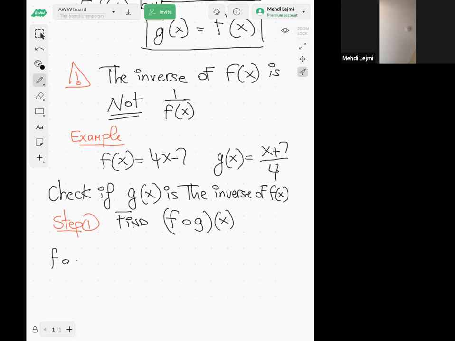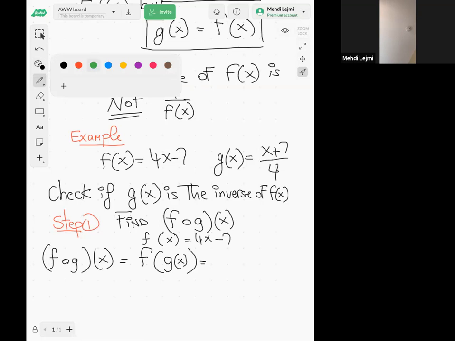So f composed with g of x would be f of g of x, right? Let me write it down for you here. f of x is 4x minus 7. So we need to substitute this x here by g of x.